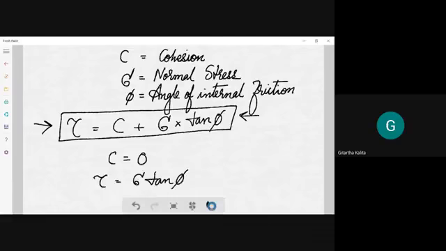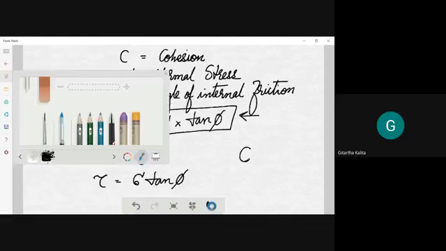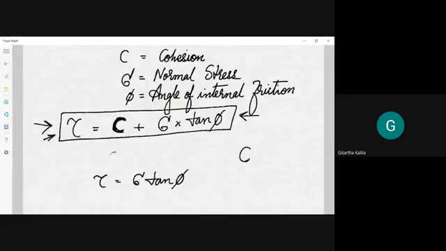But in clay, there is a value of C due to cohesion, which is added. So this depends on the type of soil, and depending on the type of soil, the equation changes. Please remember this, try to memorize it by heart.